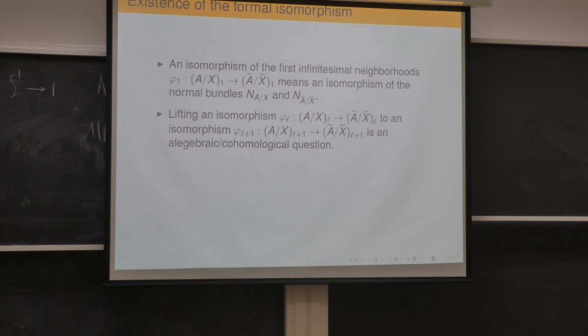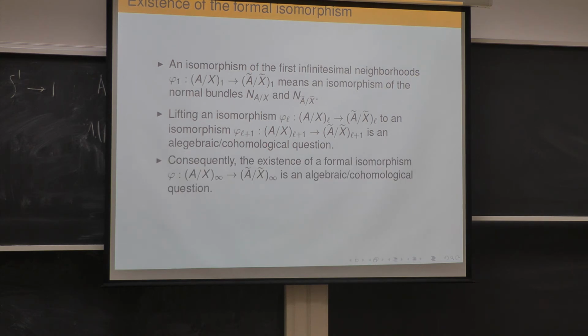The obstruction to the lifting is in some cohomology group of some symmetric power of the conormal bundle. So this is a completely algebraic problem. Consequently, whether you can find a formal isomorphism between formal neighborhoods of the submanifolds is a completely algebraic or cohomological question.